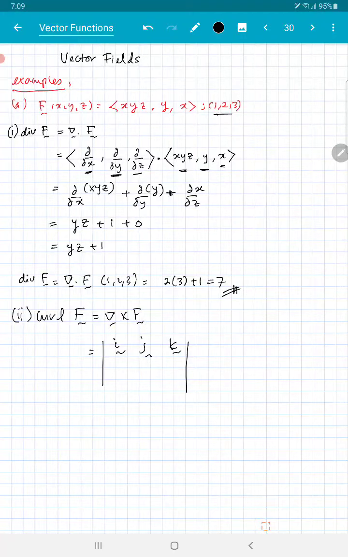The second row has the components of vector del, which are partial x, partial y, and partial z. The third row has the components of vector field f, which are xz, y, and x. Now we need to find the determinant of this.